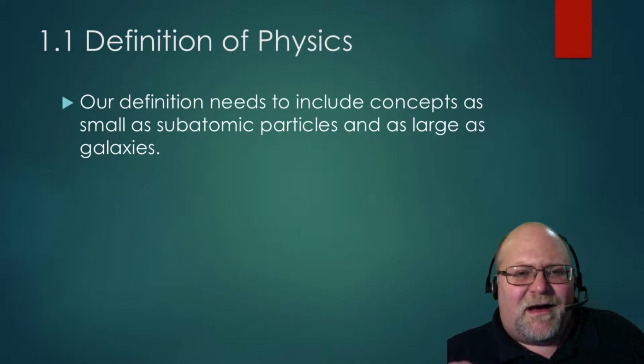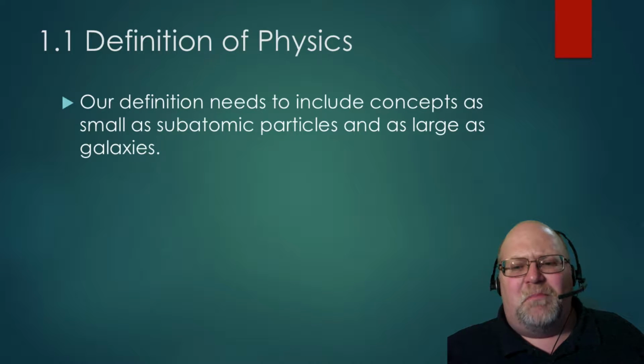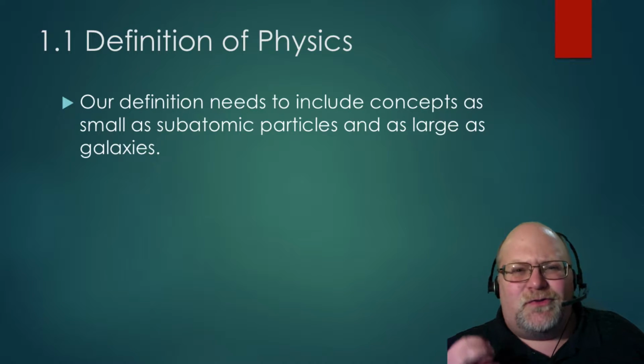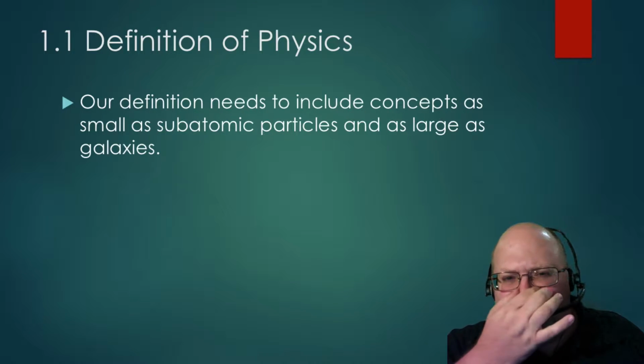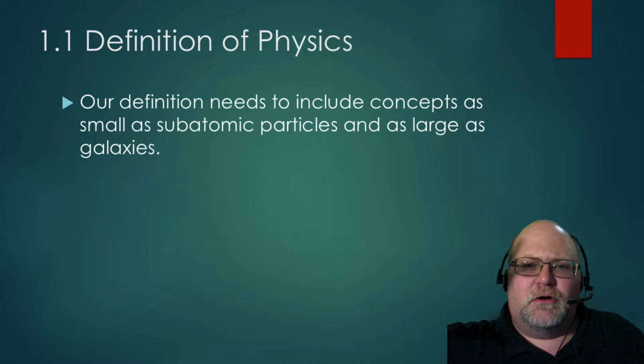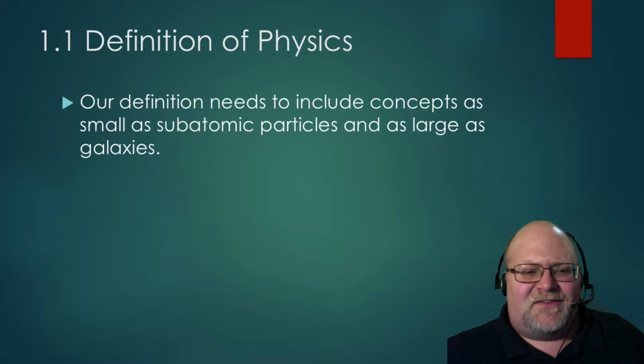So those subatomic things, what are they? And then what are big, big things like the galaxies and what holds those galaxies together? So our definition of physics needs to include that huge range of concepts.